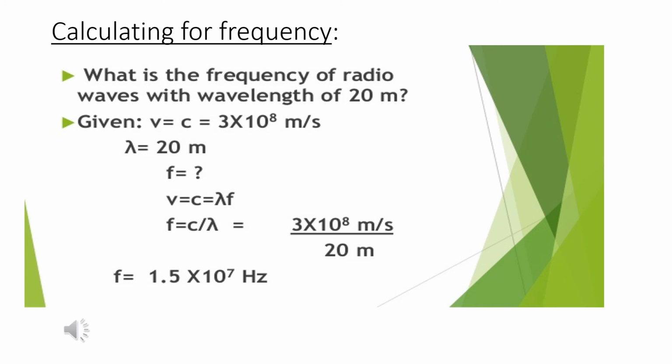The 0 down has gone with a 1, the negative 1 up, such that we shall remain with 3 multiplied by 10. 8 minus 1, I remain with 7. So I'll have 3 multiplied by 10 to power 7 divided by 2. When I divide 3 by 2, we remain with 1.5 times 10 to power 7 Hz.